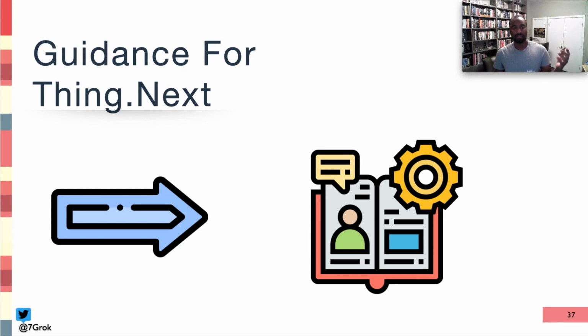So, what guidance can I give you for thing.next, right? Like all things in tech, there's no one size fits all. Consider the root of the problem you're attempting to solve. And is this the best way and the best place to solve it?